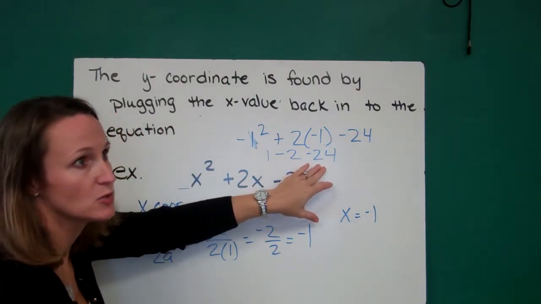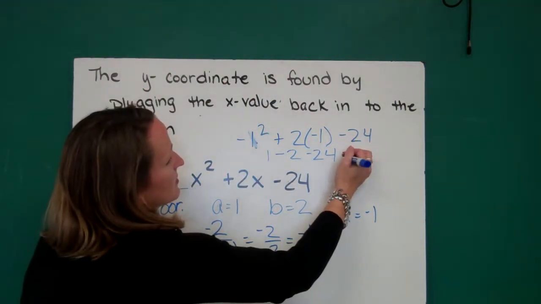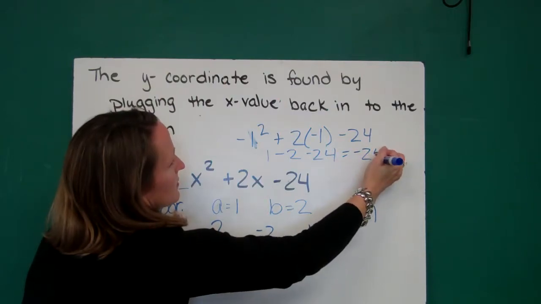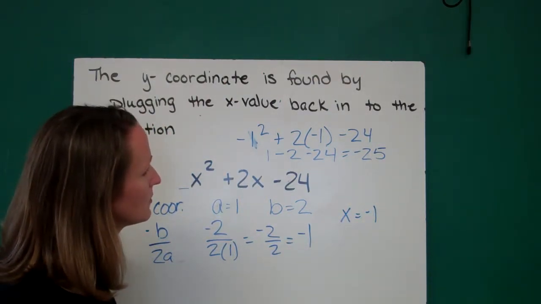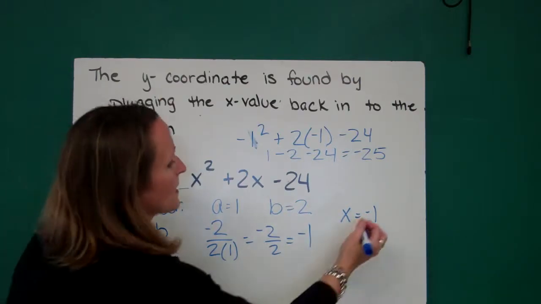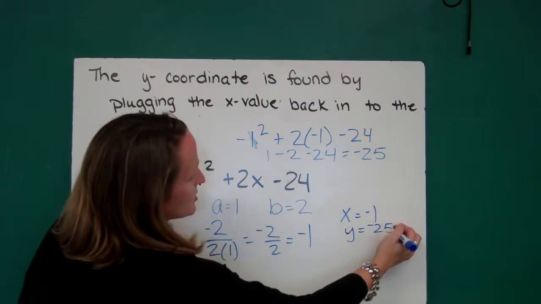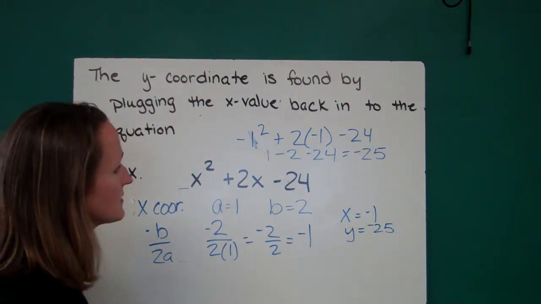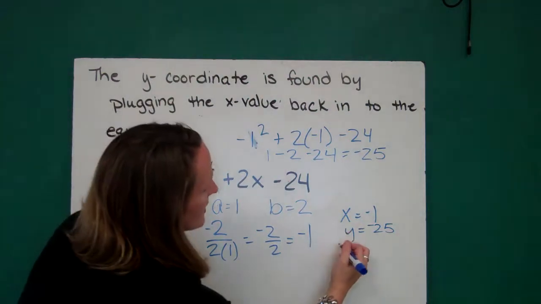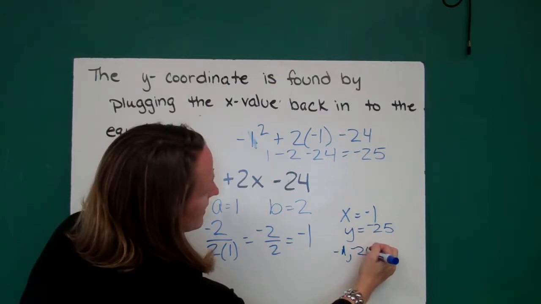Negative 1 minus 24 gives me negative 25. So my y is going to be negative 25, and that means our vertex is found at negative 1, negative 25.